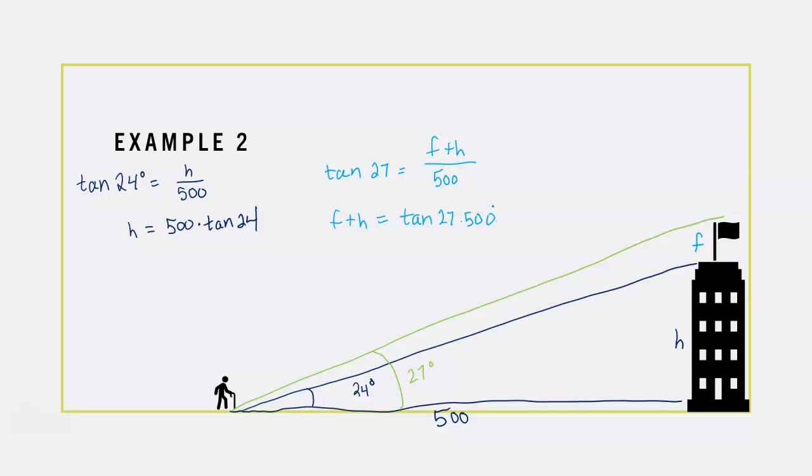But H is known, so I'm going to subtract H from both sides. So the height of the flagpole is going to be 500 times tangent of 27 minus 500 times tangent of 24. I want both of these pieces of information, so I'm going to grab my calculator and figure out what both of those pieces of information are.